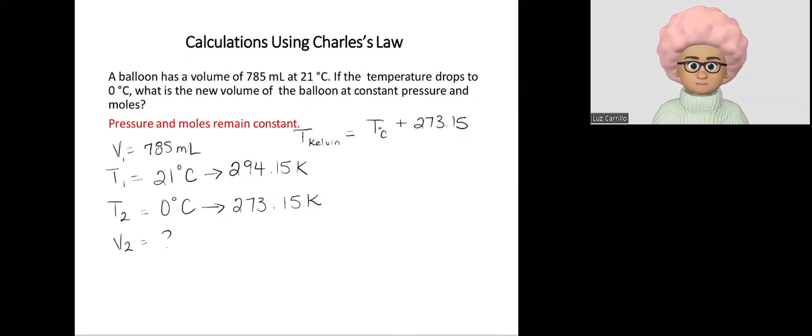Now that we have converted our temperature into Kelvin units, now we can utilize our equation to find our V2. Similar to what we did in the previous problem, we can actually rationalize what's going to happen to our volume. In this case, when we look at the relationship between volume in relationship to temperature, we see overall that the temperature went down. And since in Charles' law, as temperature goes down, volume goes down, we can already expect that that volume is going to be lower than 785 milliliters. Let's demonstrate it by looking at the correct answer.